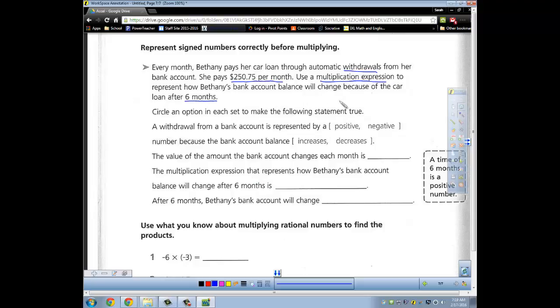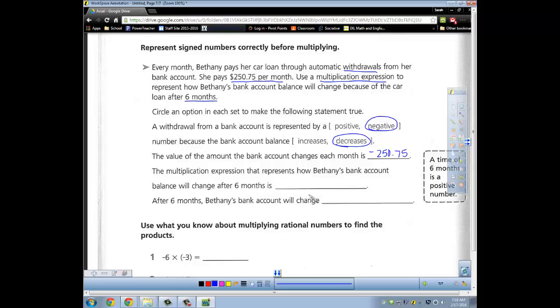A withdrawal from a bank account is represented by a negative number because the bank account balance decreases. So withdrawal means you're taking money out, so that's a negative amount and your money's going down. The value of the amount the bank account changes each month is negative $250.75. So we determined it was negative because it was a withdrawal, so negative $250.75.